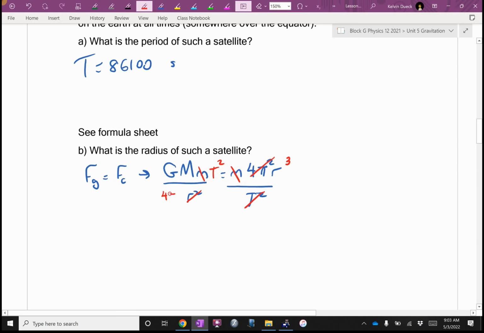And this will give me a 4 pi squared. I'll end up with r cubed equals big G, big M, T squared over 4 pi squared. How do I get rid of a cubed? I get to use my cube root button again? Oh boy.